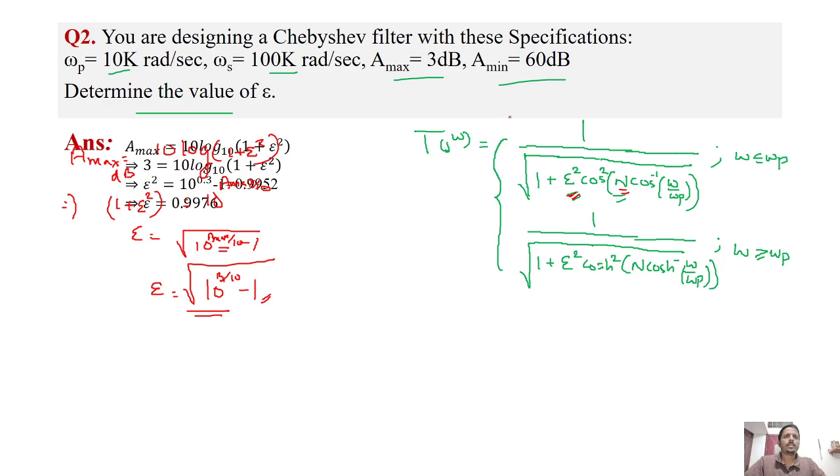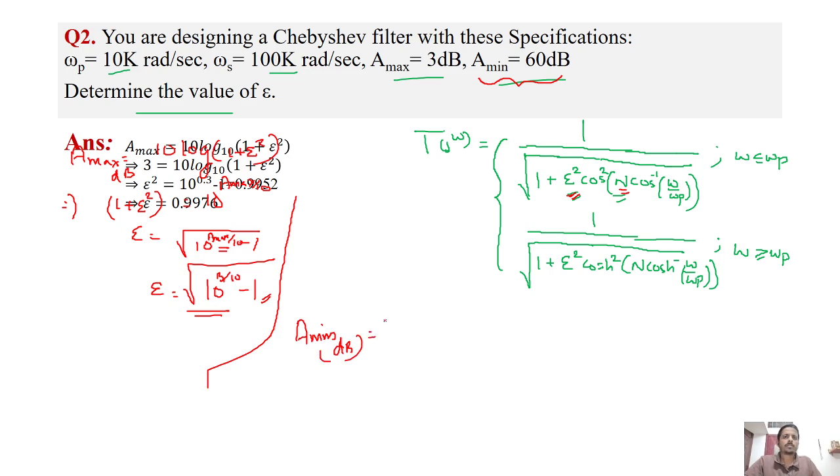So how will we find n? We can utilize this value, that is A minimum. We know what A minimum is in dB.